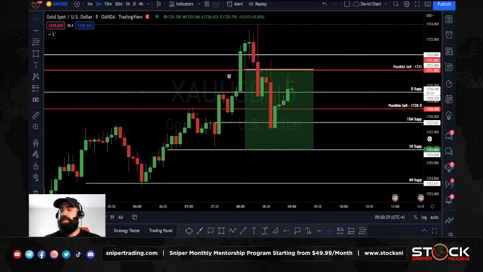Okay, so the indecision now just started. This is the new hourly, guys, 9 a.m. starting to push back up. Okay. So we're coming right back to 1731 here. Very strong continuation of the bullish trend here.